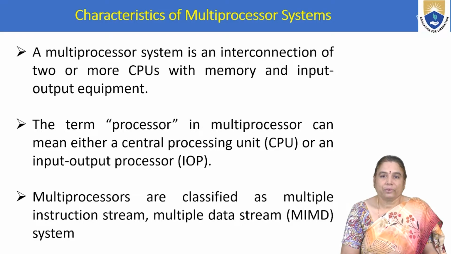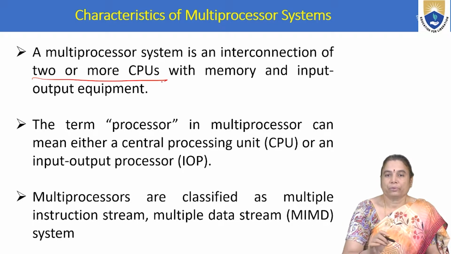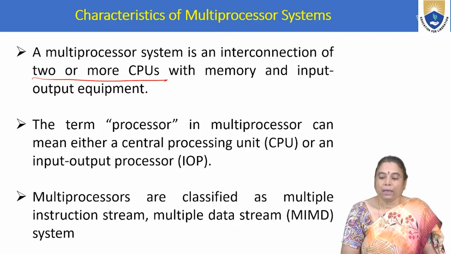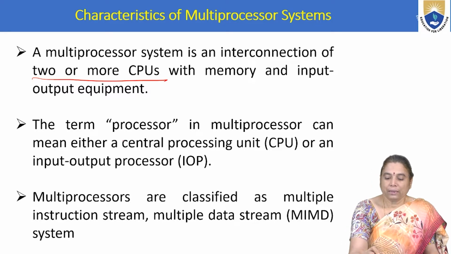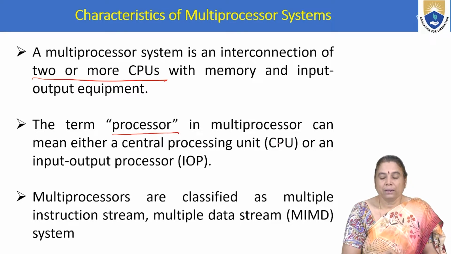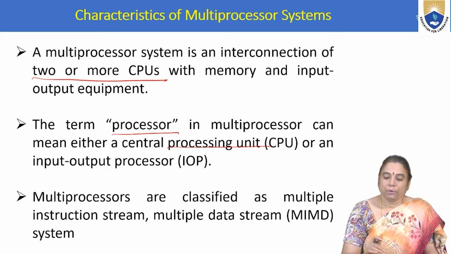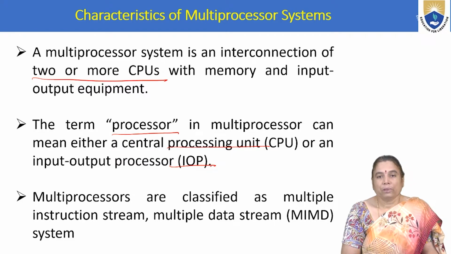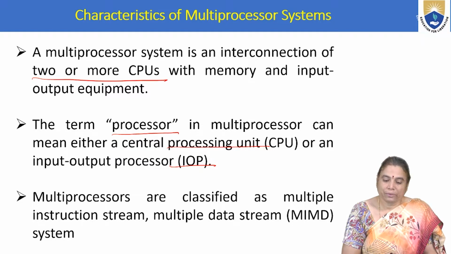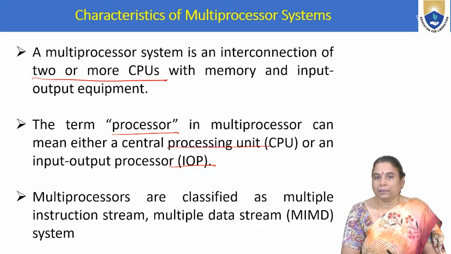A characteristic of a multiprocessor system is the interconnection of two or more CPUs. Multiple CPUs can be employed in the multiprocessor system. The term processor in a multiprocessor system means a central processing unit, which can be either the CPU or the input-output processor (IOP). More than one processor can be employed in the multiprocessor system.